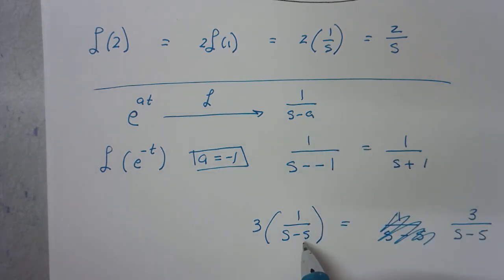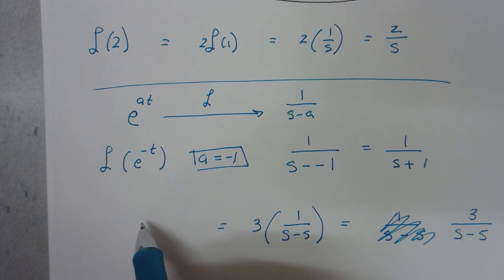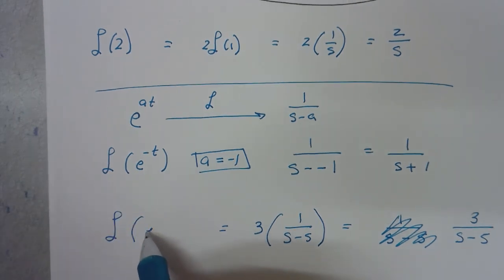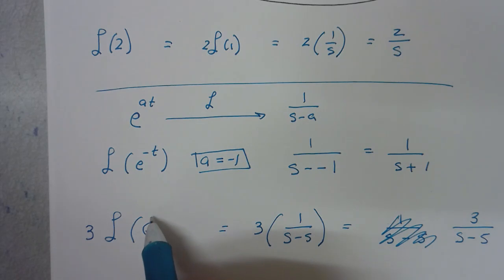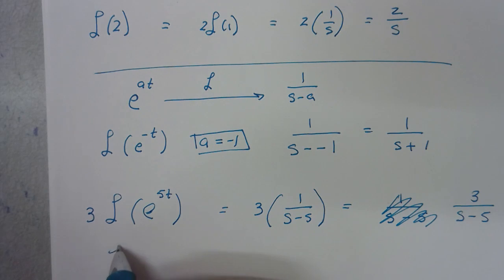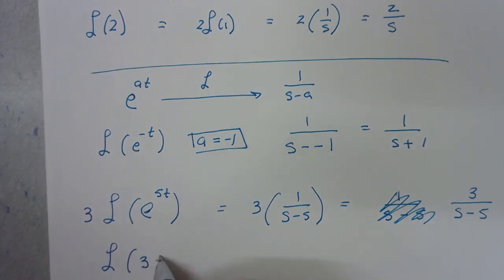So a is 5, and this is the Laplace transform of 3e to the 5t.